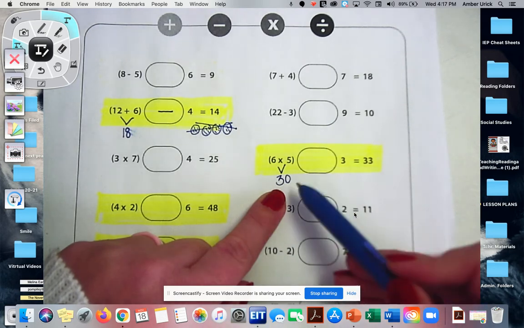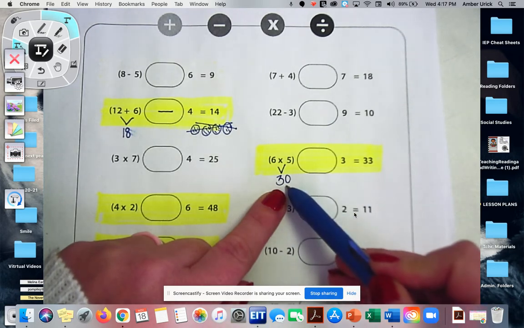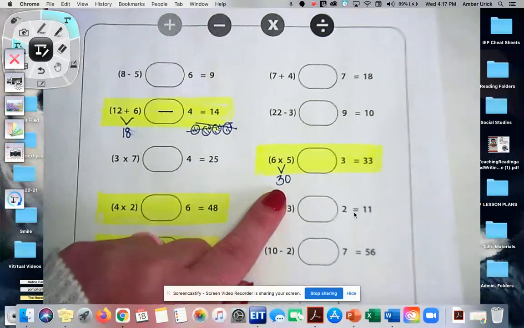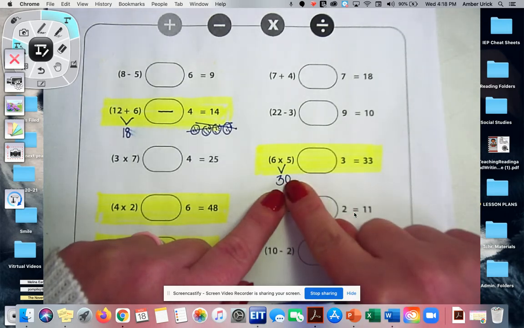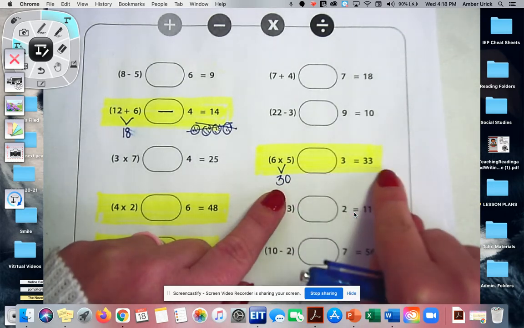Now let's remember, 30 blank 3 equals 33. I'm starting with 30. And I'm ending with 33.